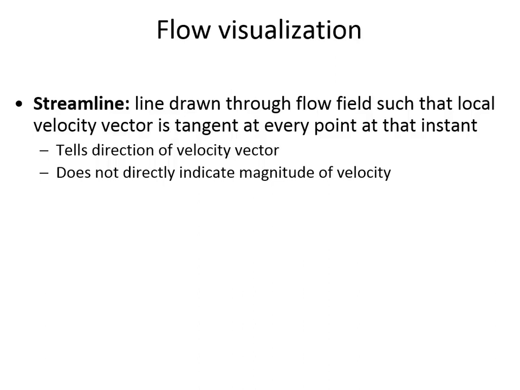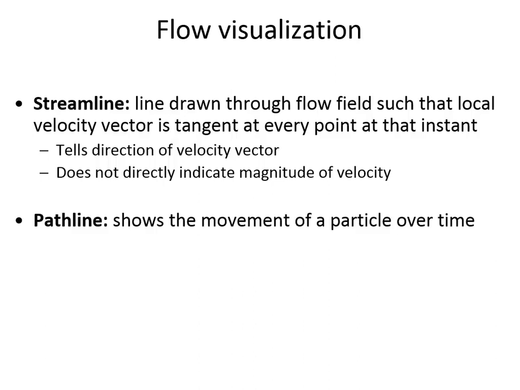All right, so the streamline is what we've seen before. The streamline can tell us the direction of flow, but it doesn't tell us the magnitude. Now, there's a new way of tracking the flow, and that's with a path line. A path line shows the movement of a particle over time. It traces a path.